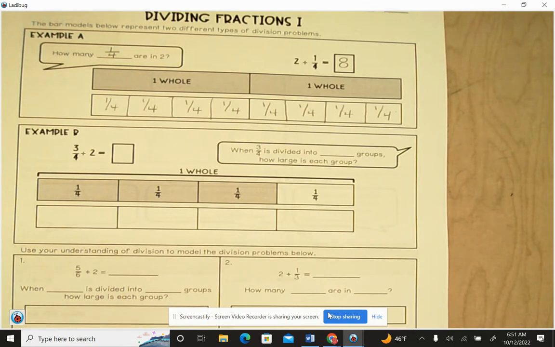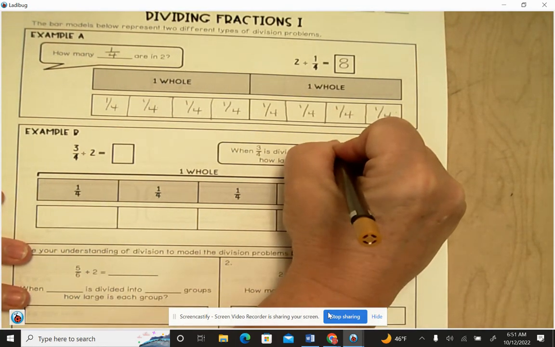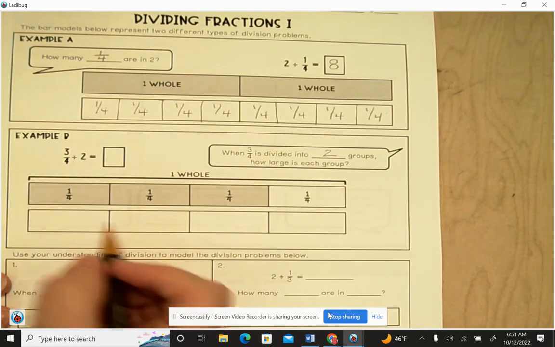In example B, 3/4 divided by 2. So when 3/4 is divided into 2 groups, how large is the group? So we have 3/4, and we want to divide it into 2 groups.